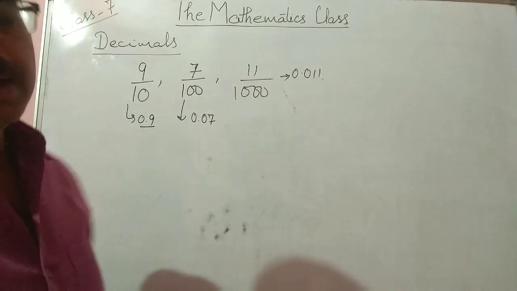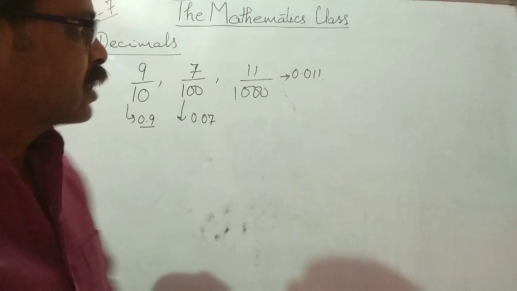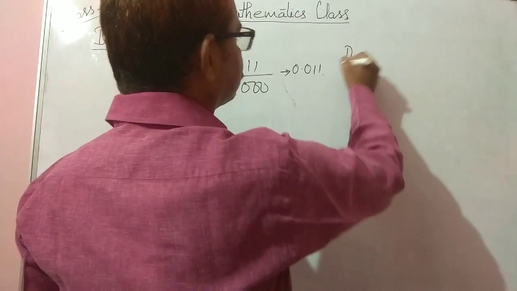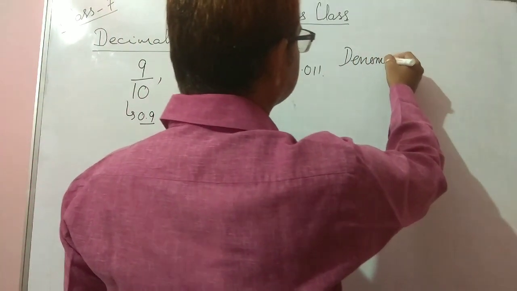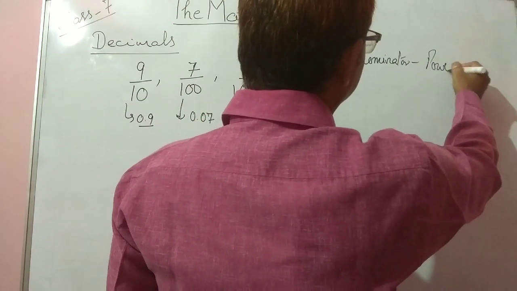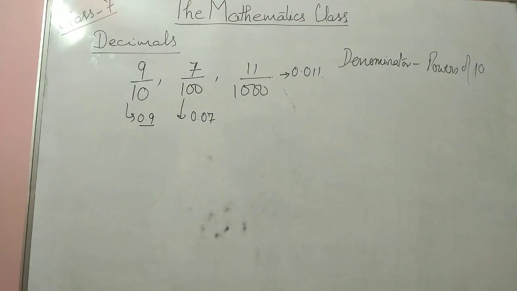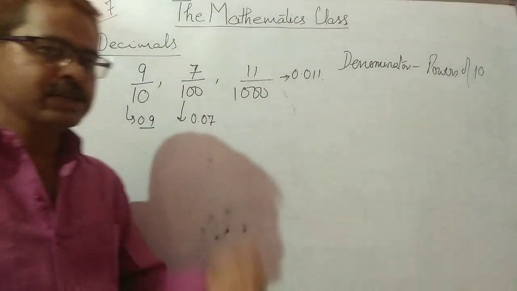or in general any fraction which has denominator in the powers of 10, is known as a decimal. What is a decimal?